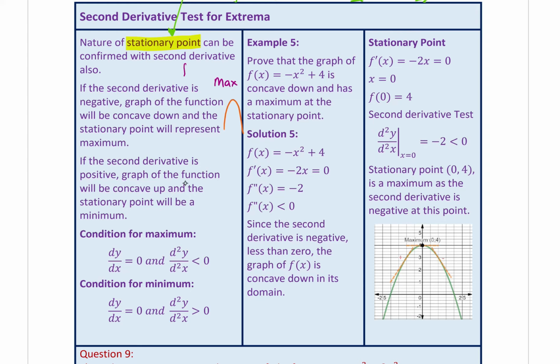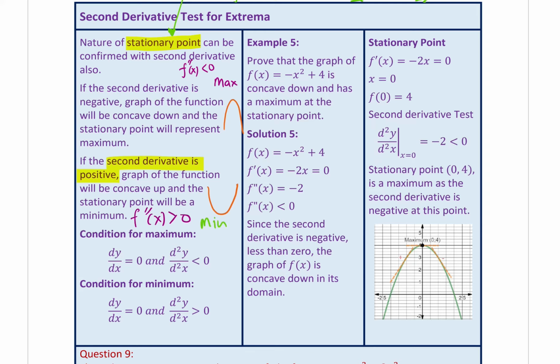That is to say, if the second derivative, we could also write like this, is less than 0. Now, the second case is that the second derivative is positive. That is to say that if the second derivative is greater than 0, in that case, the graph will be concave up, right? And that means we have a minimum. Is that clear to you?